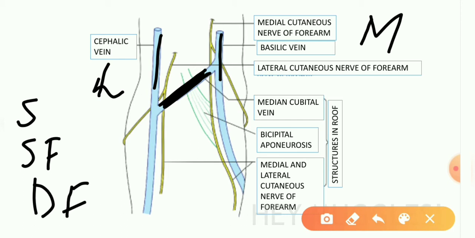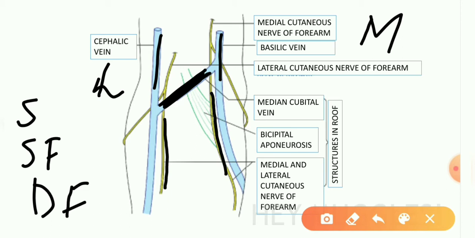And the median cubital vein, which is present in the roof of your cubital fossa, connects cephalic and basilic vein. Then we have the medial and lateral cutaneous nerve of forearm. This is your lateral cutaneous nerve of forearm and this is your medial cutaneous nerve of forearm. So these nerves are also present in the roof of cubital fossa.